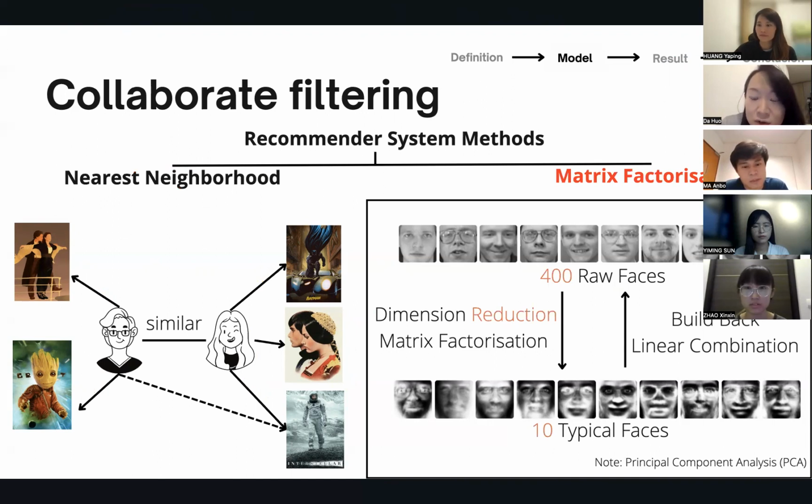The grayscale of 400 images of faces are the raw input, and 10 of the faces are shown. Applying matrix factorization on the raw data, we can obtain 10 typical faces that can be used to rebuild all the 400 original faces. Each original face can be represented by a linear combination of the 10 typical faces. And in our project, we apply a similar idea to reduce the size of the rating matrix by finding the typical users and the typical movies.